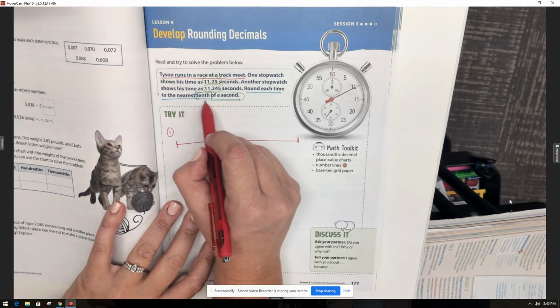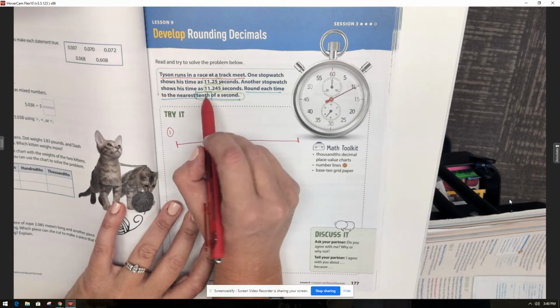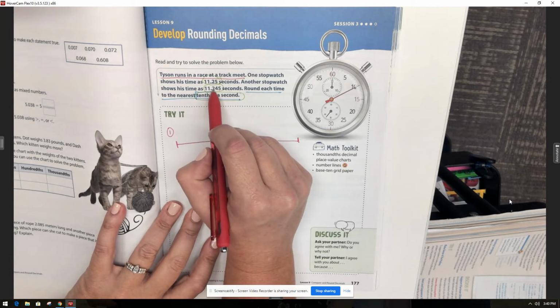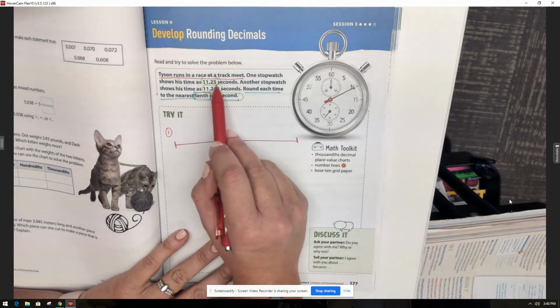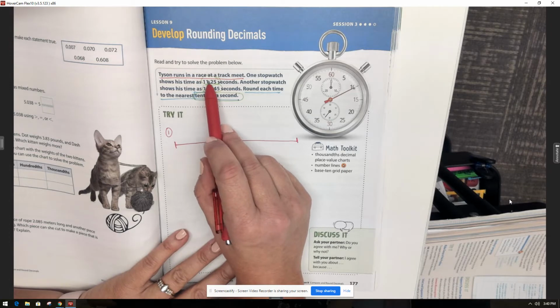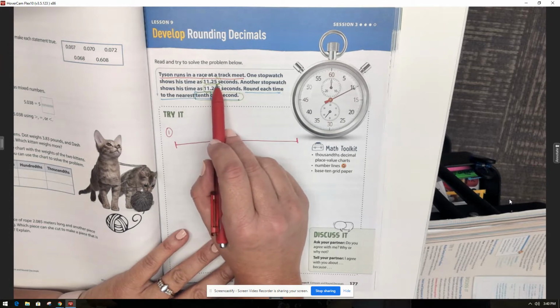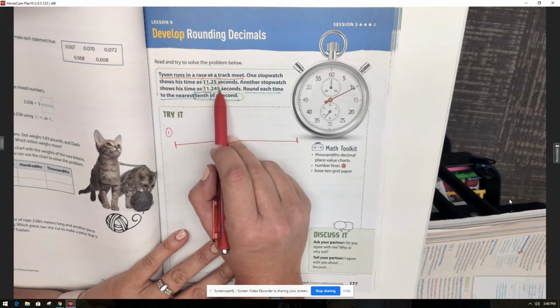Now, since we're rounding to the nearest tenth of a second, we need to look at the tenths in the decimals we're looking at. And so in this case, we have 11 and 25 hundredths and 11 and 245 thousandths.